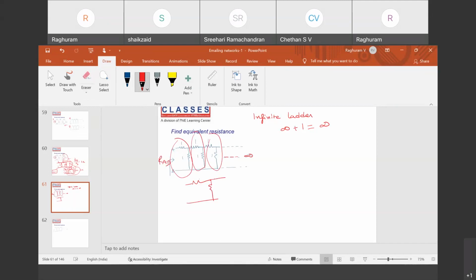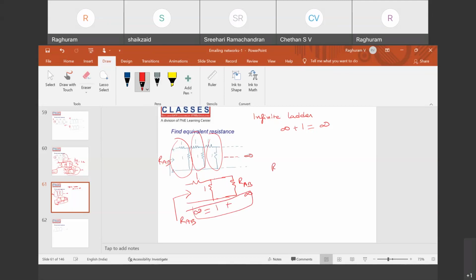So I'm adding one more branch to RAB, and again it will be RAB. Is this clear to everyone? Because infinity plus 1 will always be infinity. That is why I added one more to this, and it will again be infinity.